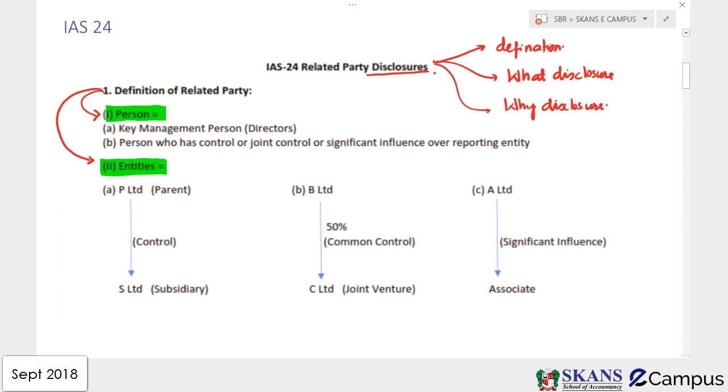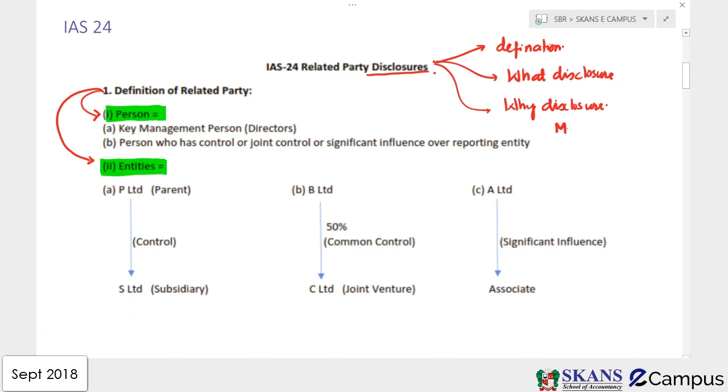Now we are going towards person. Key management persons mean directors, guys. So every director is your related party. The second is a person who has control or joint control or significant influence over the reporting entity, also a related party. If I need to explain that, it is very simple.